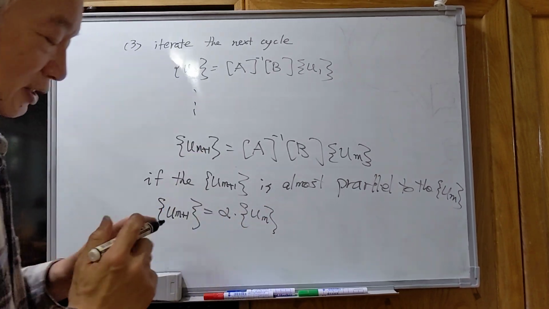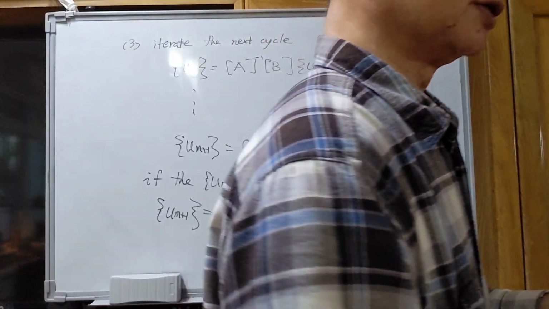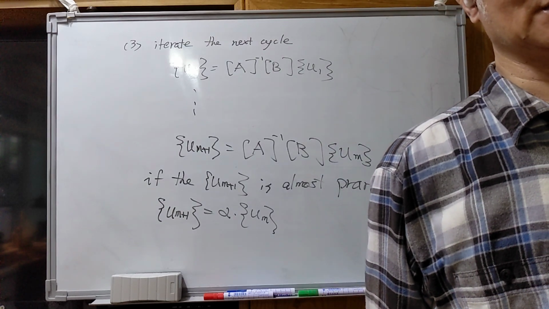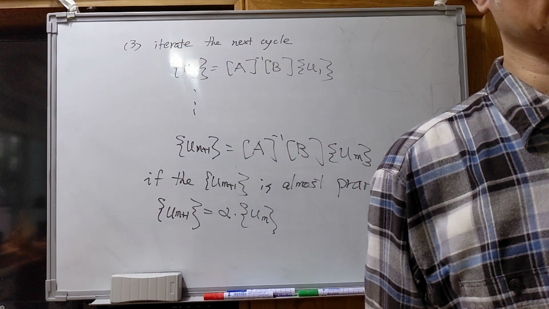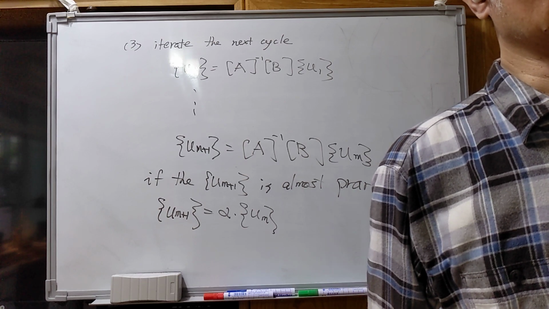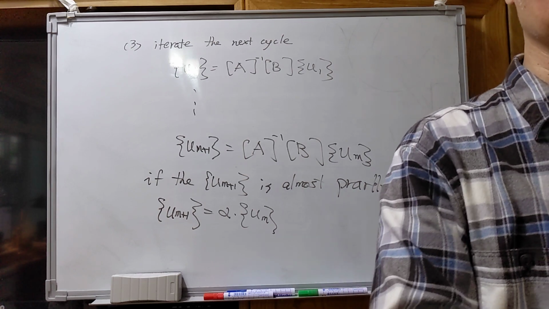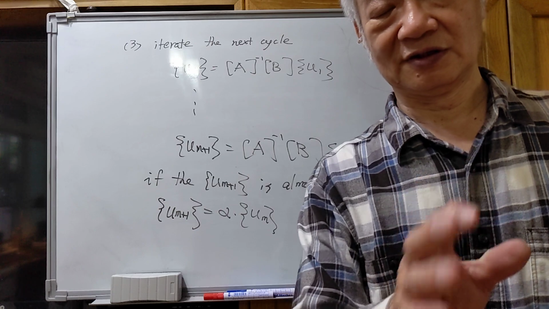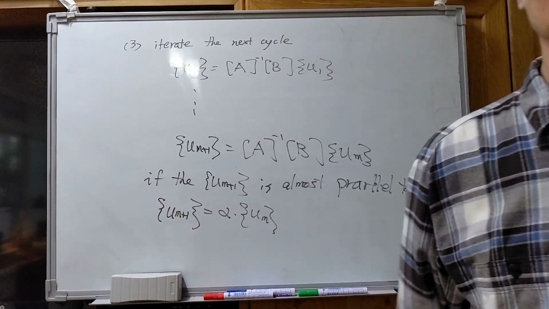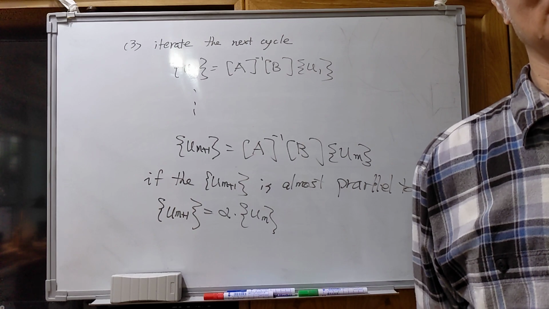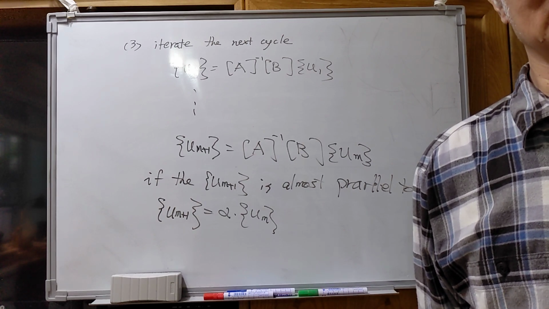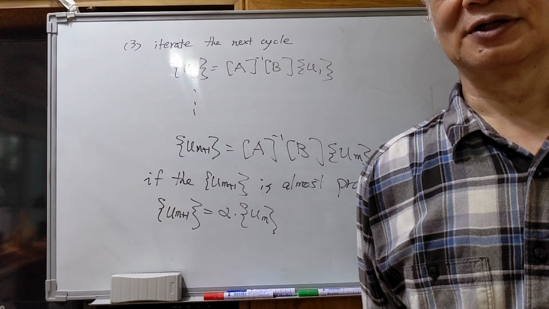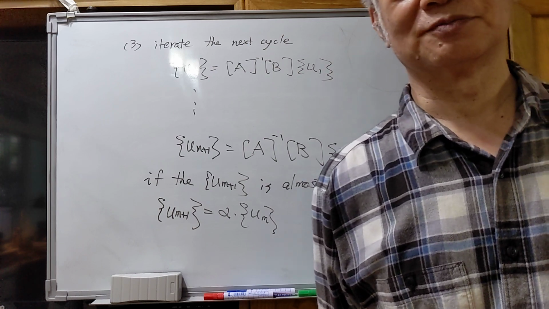Okay, so it means all these elements in the UM vector and the UM plus 1 vector can be obtained by multiplying the same constant alpha. If the ratios of the same elements in the UM plus 1 and the UM are close to a constant, then we can say these two vectors are parallel to each other. Then it means you can stop the solution procedure.